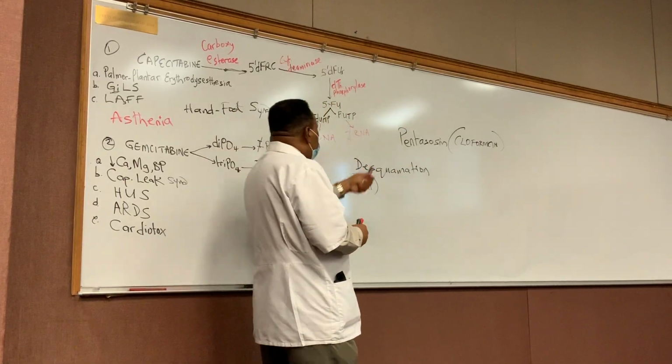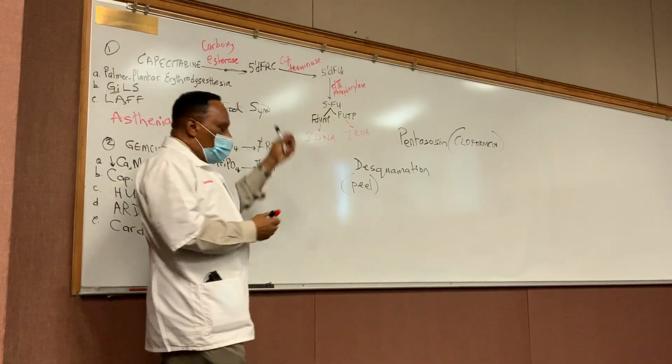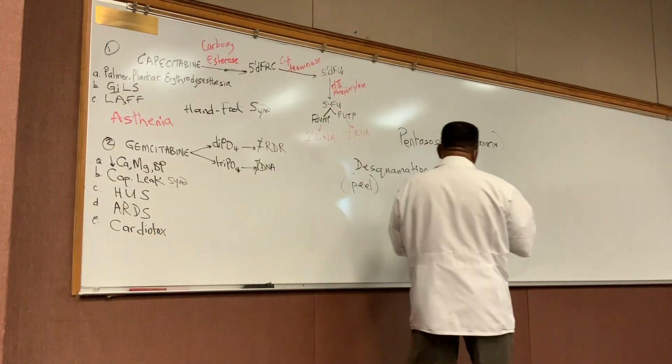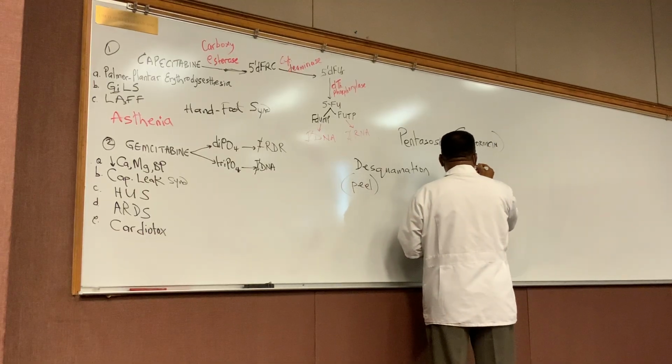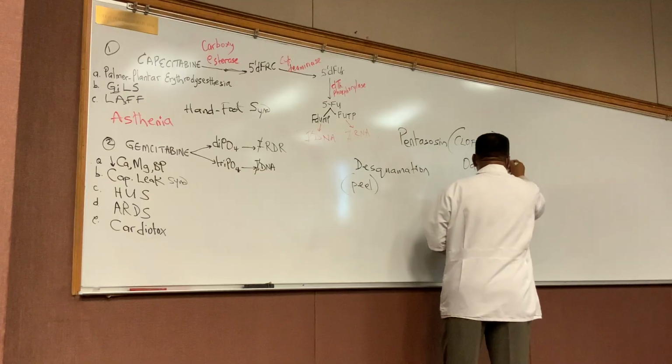That agent can also inhibit RDR, but it is used for what is called oat cell leukemia.